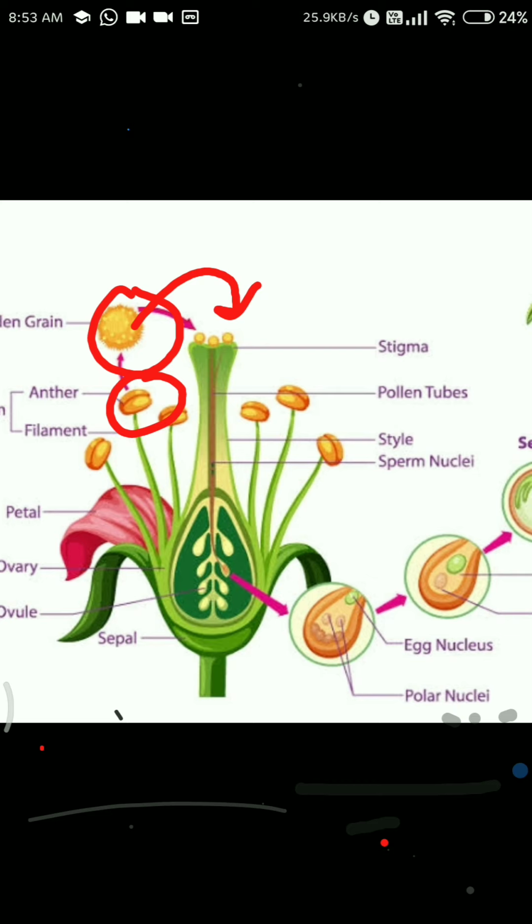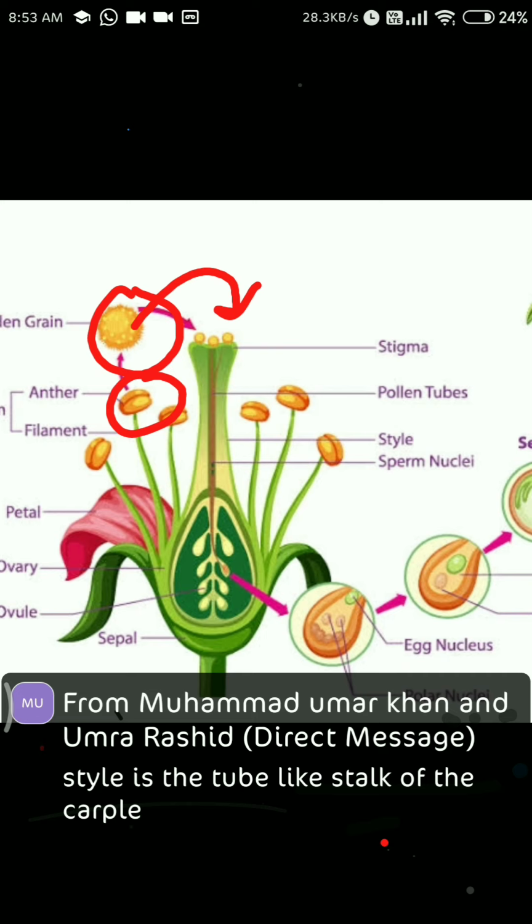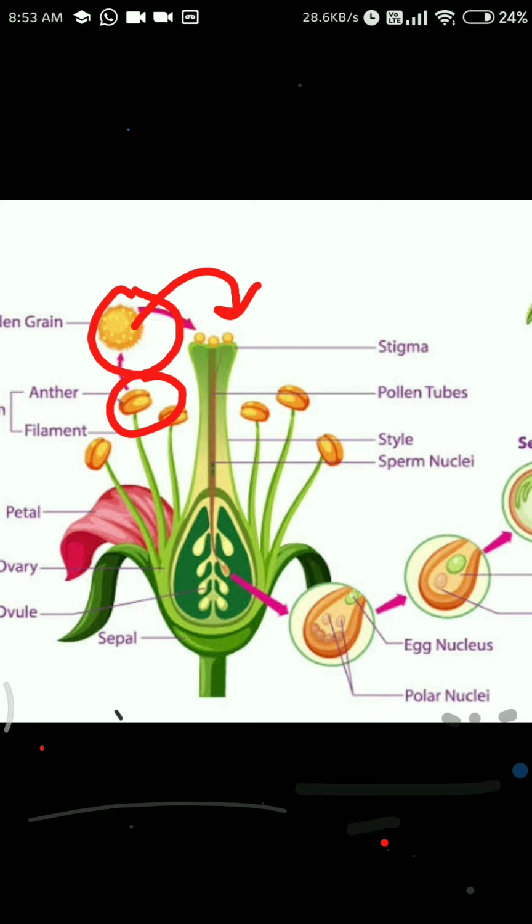When they pollinate a different flower of the same plant, then also it is self pollination. So self pollination is when they pollinate their own flower, either the same flower or a different flower of the same plant.